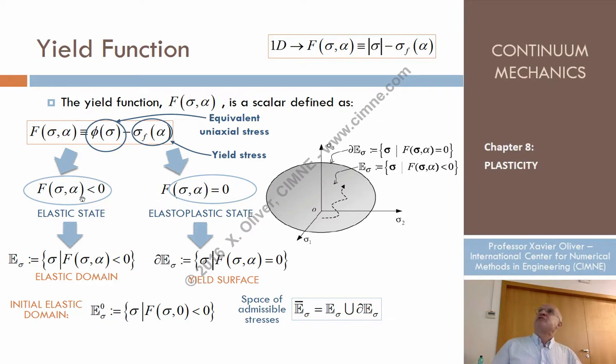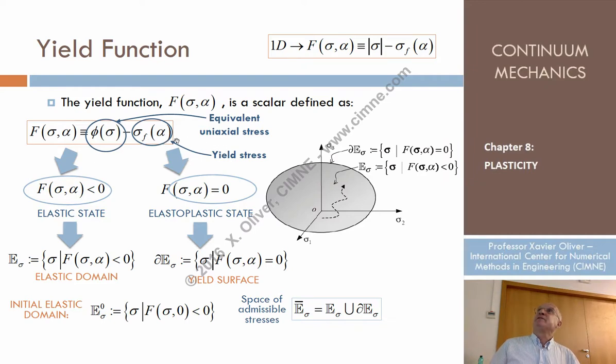Okay, let's look now at whatever that is. This will define a function in the stress field, a function that contains the origin, and imagine that we just consider a fixed value of alpha.